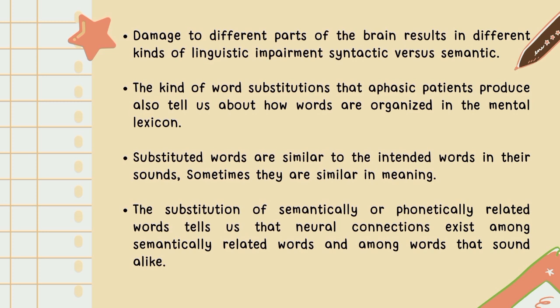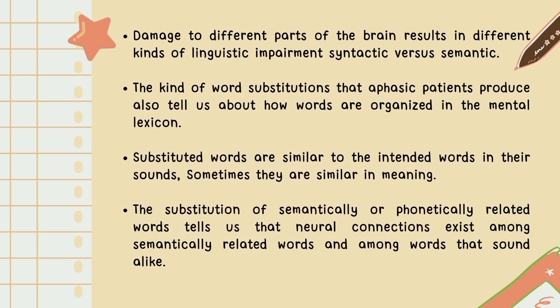The kinds of word substitution that people with aphasia make tell us how words are organized in our brains. For example, if someone says Paul instead of tall, it might be because those words sound similar. The mistakes people with aphasia make tell us how words are stored in our brains.